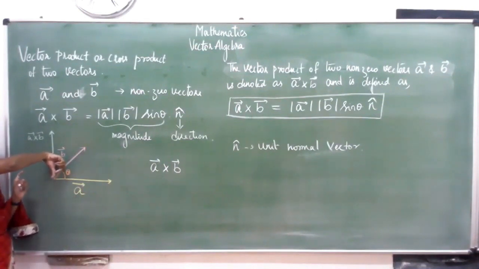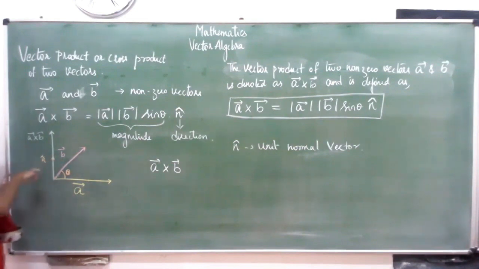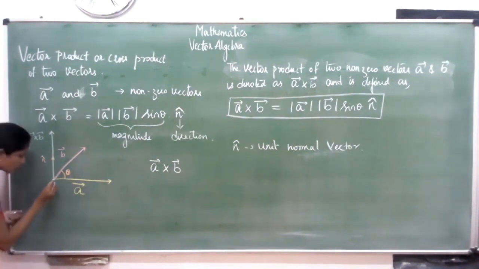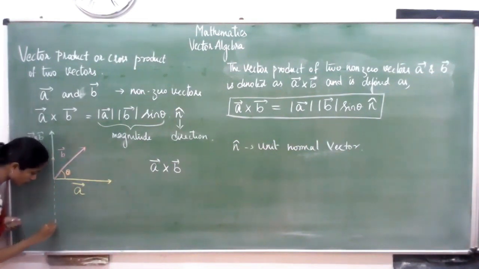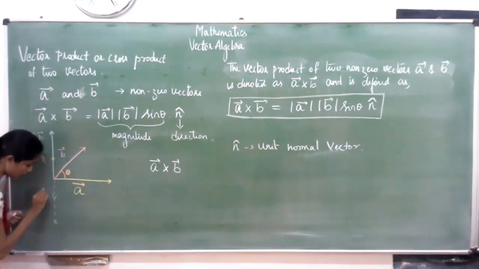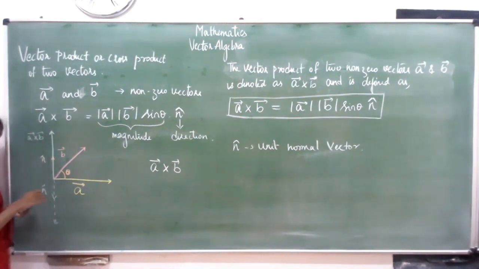It is in the direction opposite to our previous vector n cap. So this will be our unit vector n, but in the opposite direction, so minus of n cap.